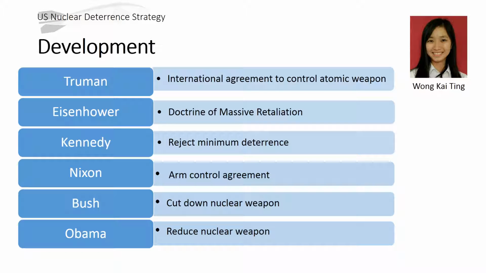President Nixon meanwhile pursued arms control agreements with the Soviet Union to limit its expansion by limiting the ICBM systems and launches. When Jimmy Carter succeeded to the position, he produced his own version of strategy, known as the countervailing strategy, because the Soviet Union did not comply with the Arms Control Treaty.